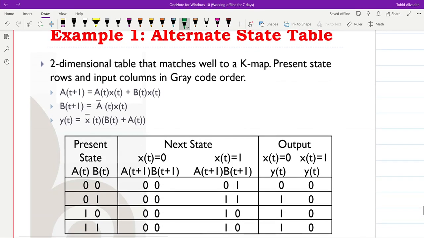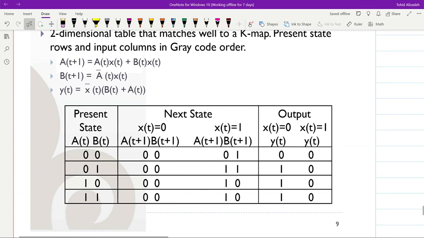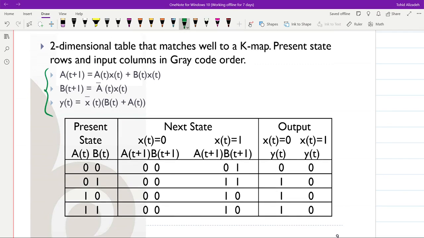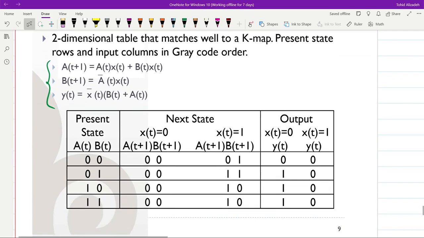So the present state rows and the state columns in gray code order will be used. We have the same expressions as before, but in this case, we have 4 rows in total because we have two state variables, A and B. Therefore, there will be 4 possible options.